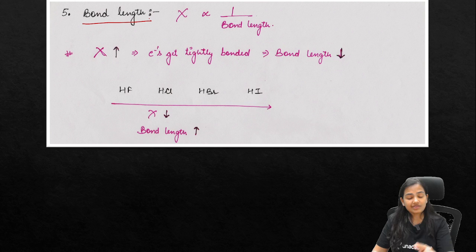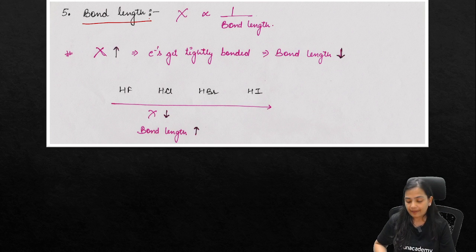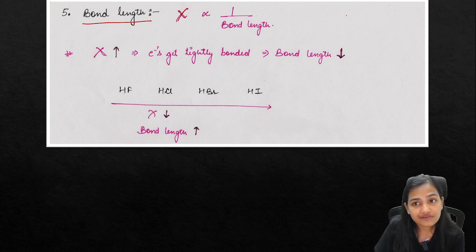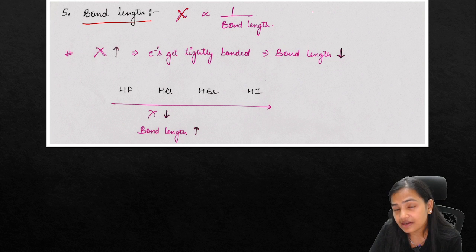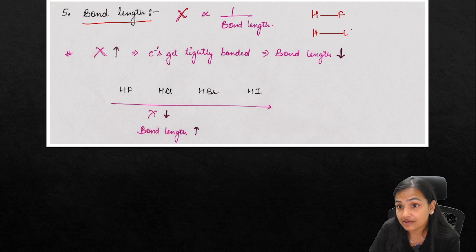Okay, so here let's come to our last application, which is the bond length. Guys, as you have seen, if there is a species like HF, here we have the species like HCl, and we have the species like HBr.